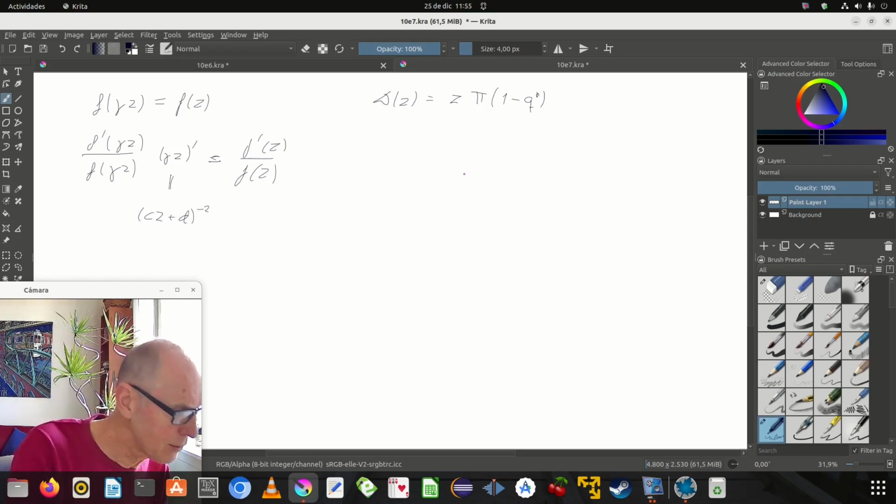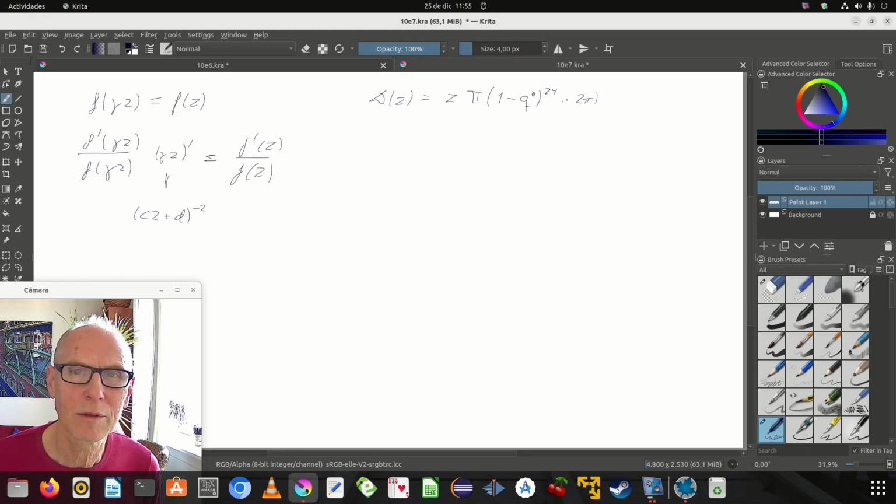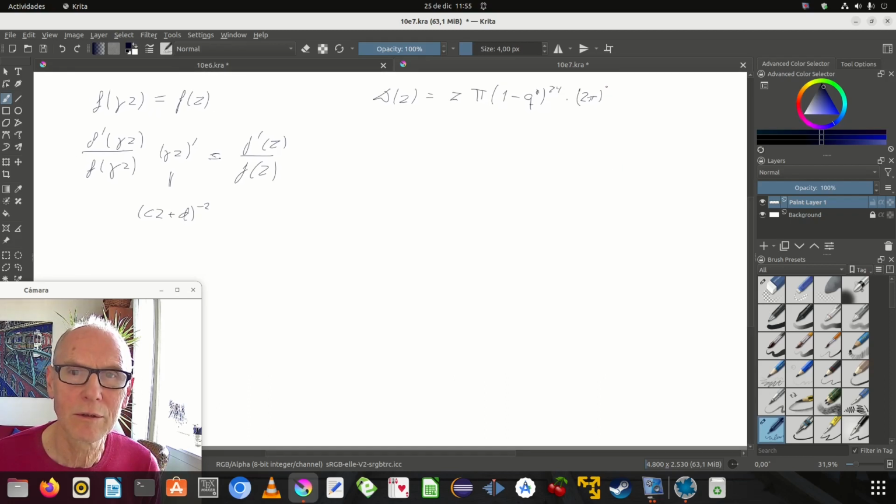Yeah, it was to the 24th, and then a constant 2 pi to 12th, which I tend to forget. We'll put it at the end. Logarithmic derivative. I think we have done this before.